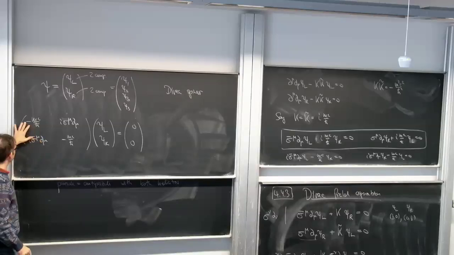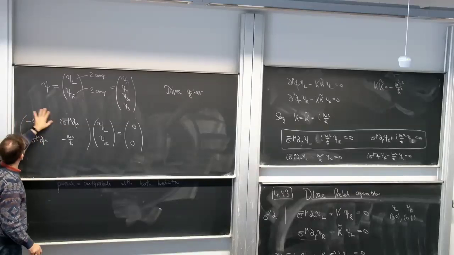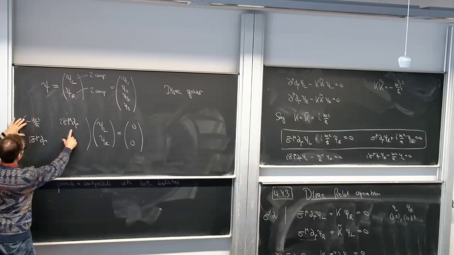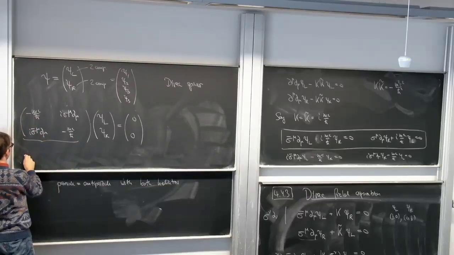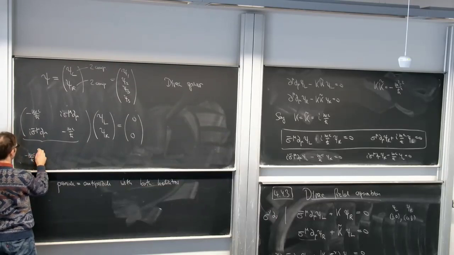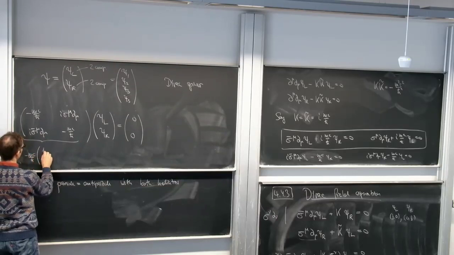It's too big. So now we're turning this into something smaller. This object is really minus M C over H bar times 1, 1.